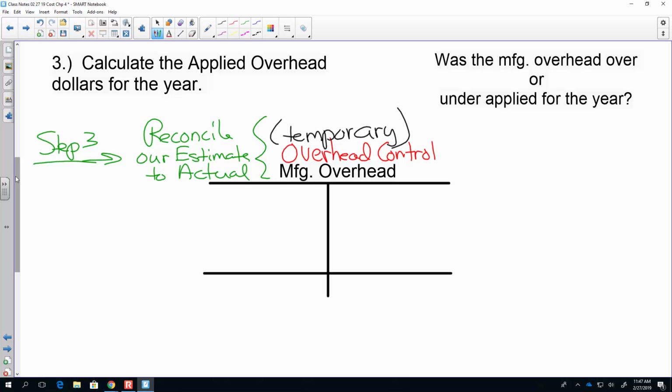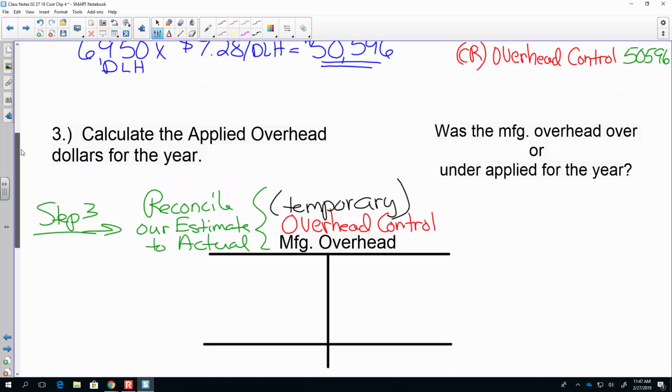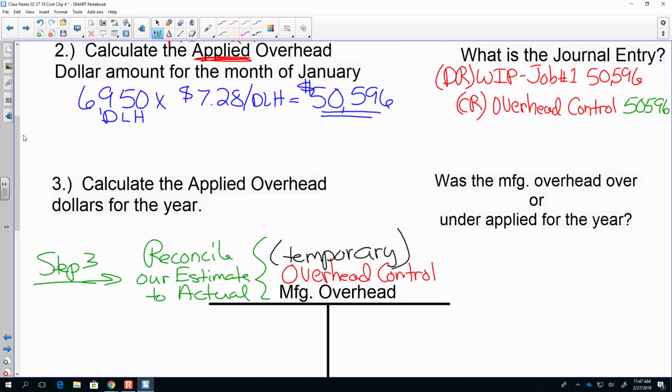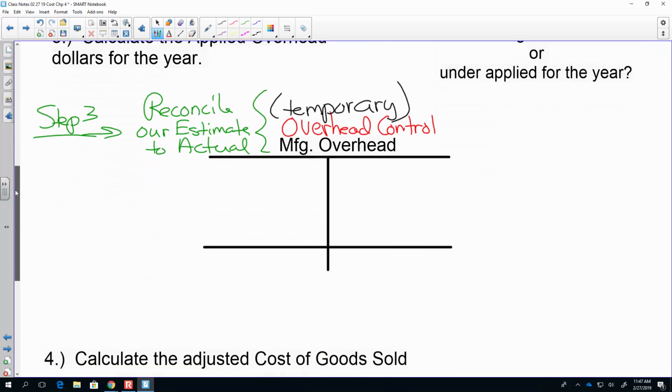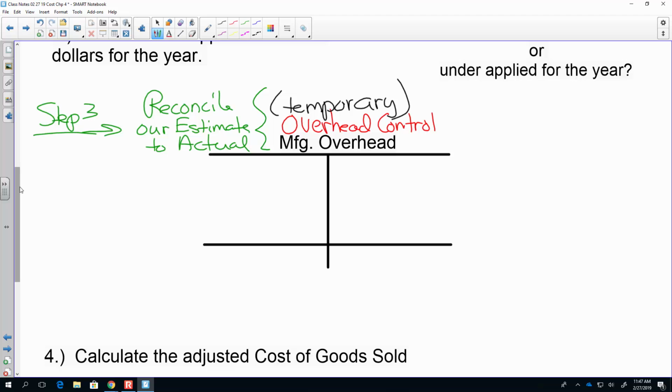That was just for the month of January, and that's the applied amount, actually. It's not the actual. I'm looking for the year. The 613,000. Does everybody see that? 613,320? That's the amount for the year.